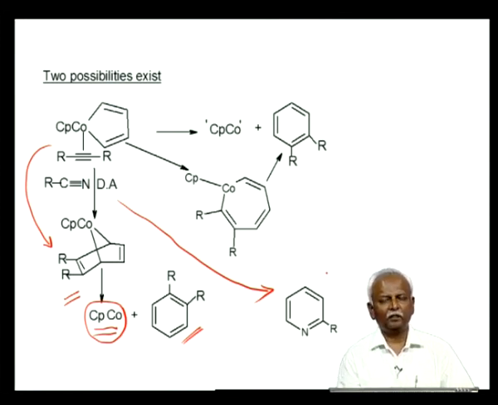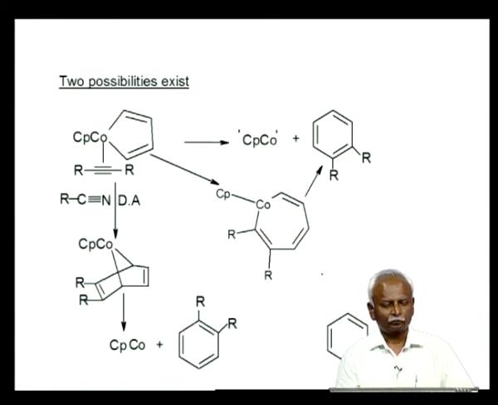It is convenient to make substituted pyridines using this method, because it is often found that the first oxidative addition and coupling happen with cobalt, and then the second step happens in a Diels-Alder fashion with nitriles or substituted acetylenes, so that you get aromatic compounds as I have indicated here, or substituted pyridines as I have indicated here.